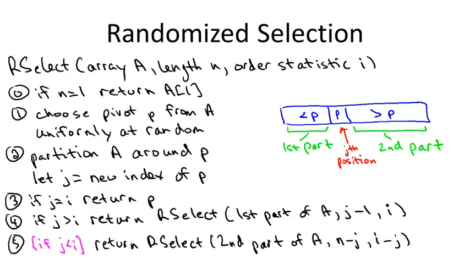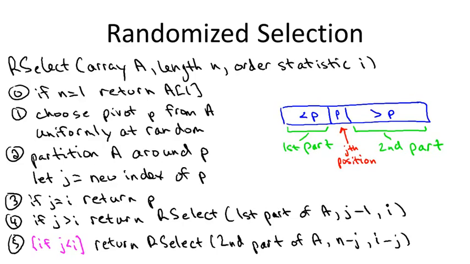So if the pivot's too big, if j is bigger than i, then we know that what we're looking for is on the left-hand side amongst the elements less than the pivot, so that's where we recurse. We've thrown out both the pivot and everything to the right of it. That leaves us with an array of j minus 1 elements, and we're still looking for the ith smallest among these j minus 1 smallest elements. And in the final case, this is what we went through in the quiz in the last video, if we choose a pivot who's smaller than what we're looking for, that's when j is less than i, then it means we're safe to throw out the pivot and everything less than it.